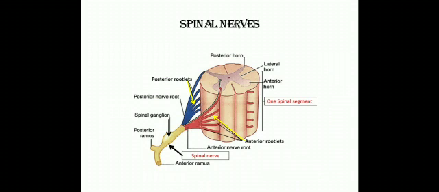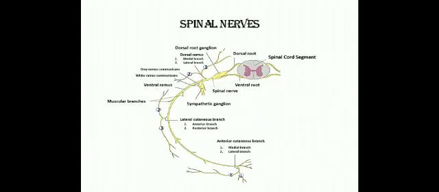So, the neurons here are pseudo-unipolar type of neurons. The branches of the spinal nerves, after the formation of the trunk, are divided into the dorsal ramus, which goes to the posterior aspect, and the ventral ramus emerging anteriorly.